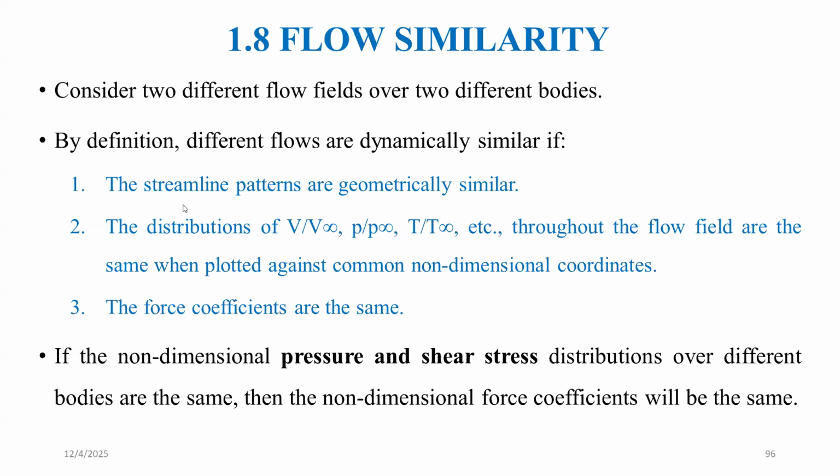Again, the distributions of velocity ratio, pressure ratio, temperature ratio, and other flow field variable ratios throughout the field are the same. And if the force coefficients are also the same, then we call it flow similarity, or the flows are called similar.